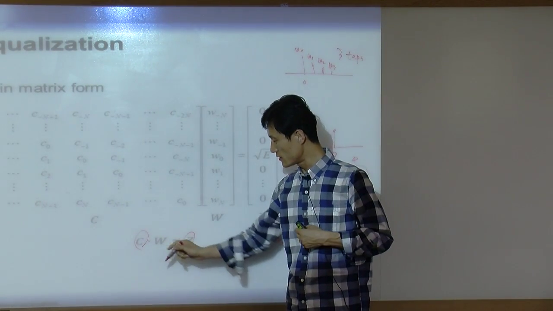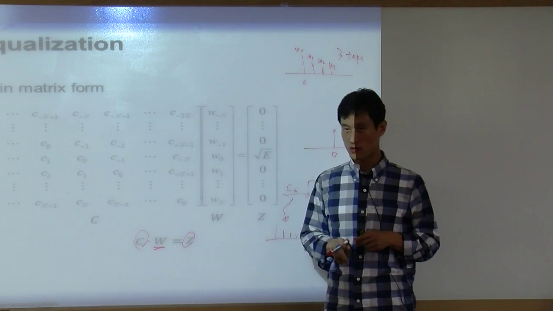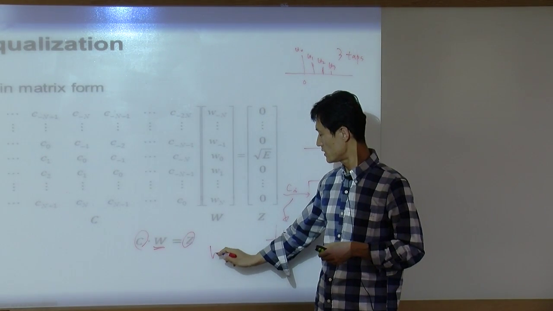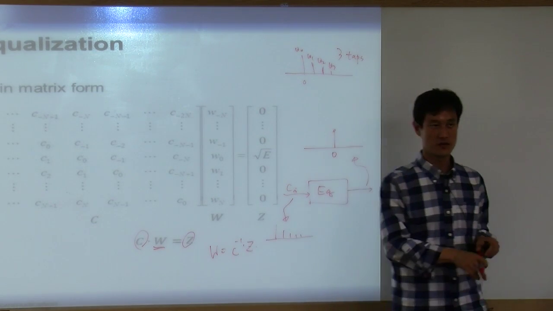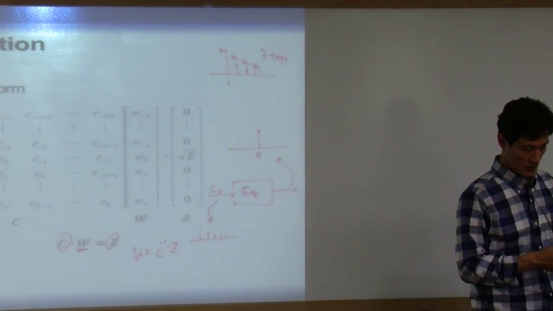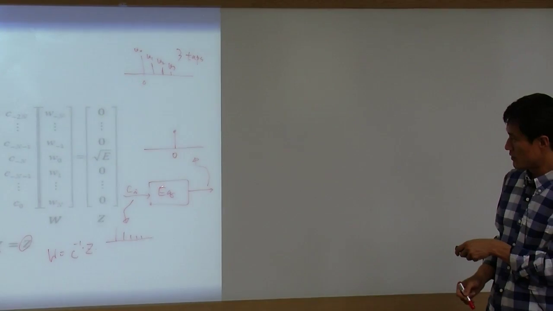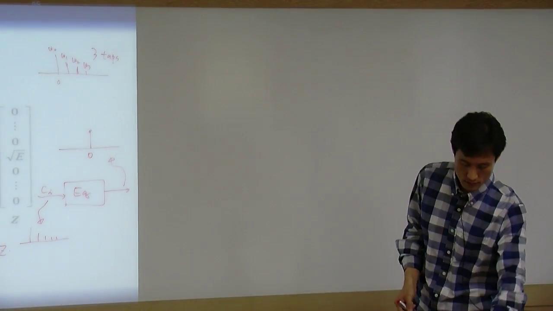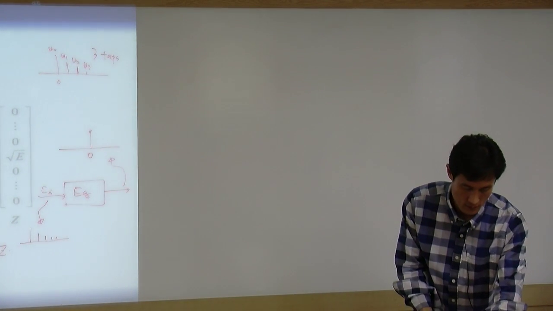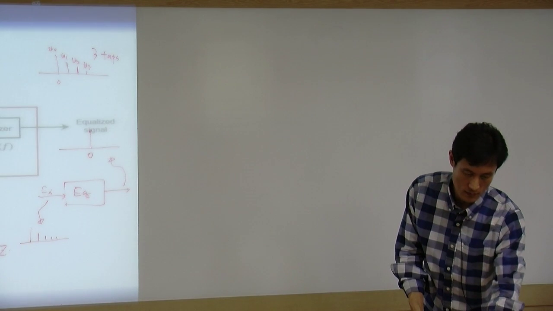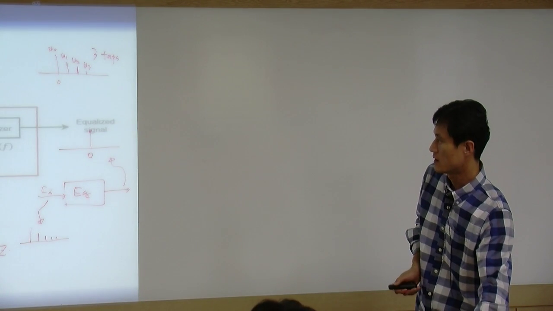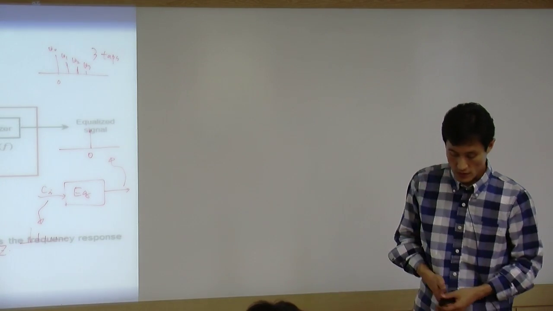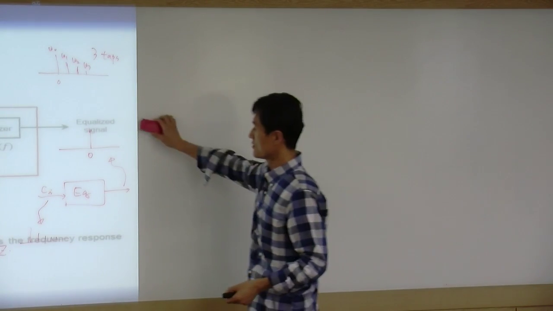So we know these two, and we want to find out the W. So W is easily calculated by this, right? By inverse matrix. So that's how you calculate the W. Okay? Then you're going to get this equalizer. So this slide shows you the concept of the equalizer.